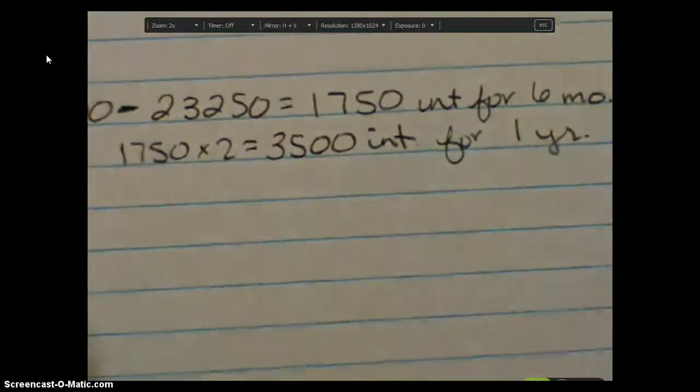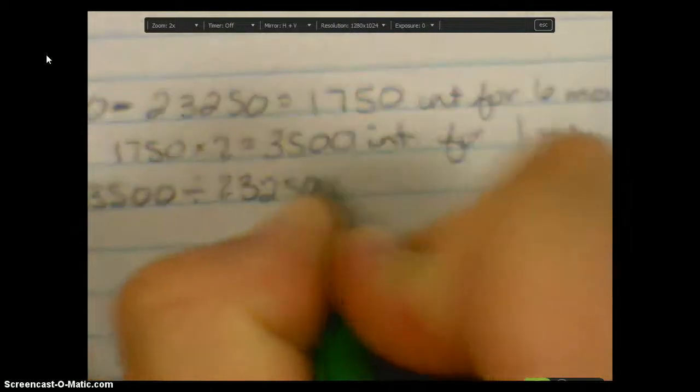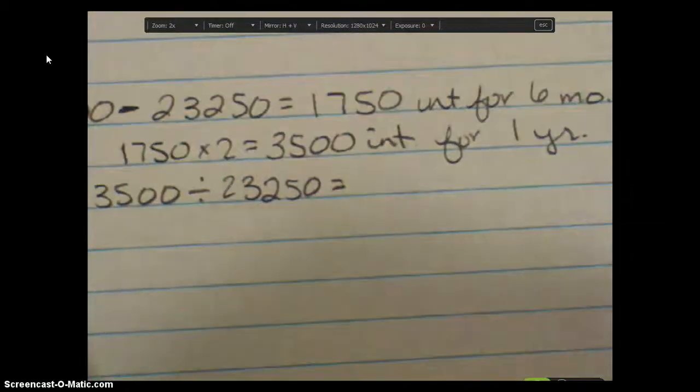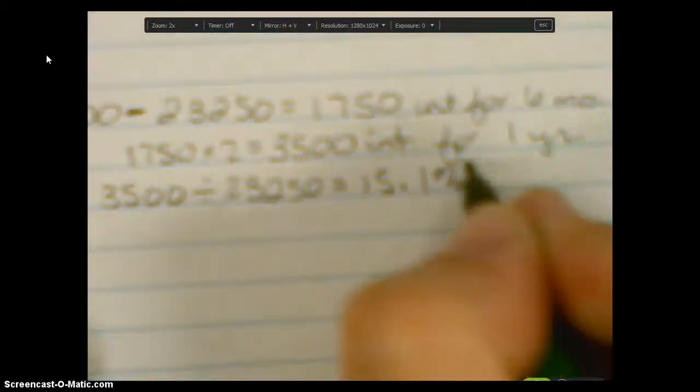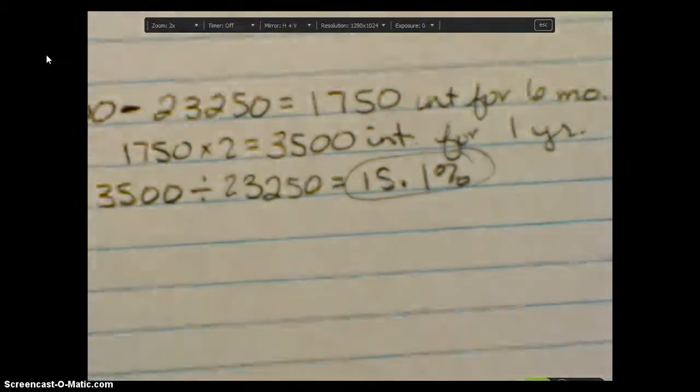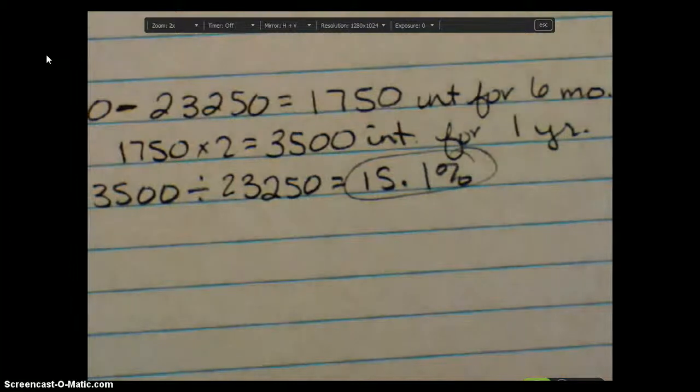Now it's just a matter of dividing again. 3,500 divided by our proceeds. This question is asking for our nearest 10th percent, so remember, one place after the decimal. 15.1% is going to be our answer there.